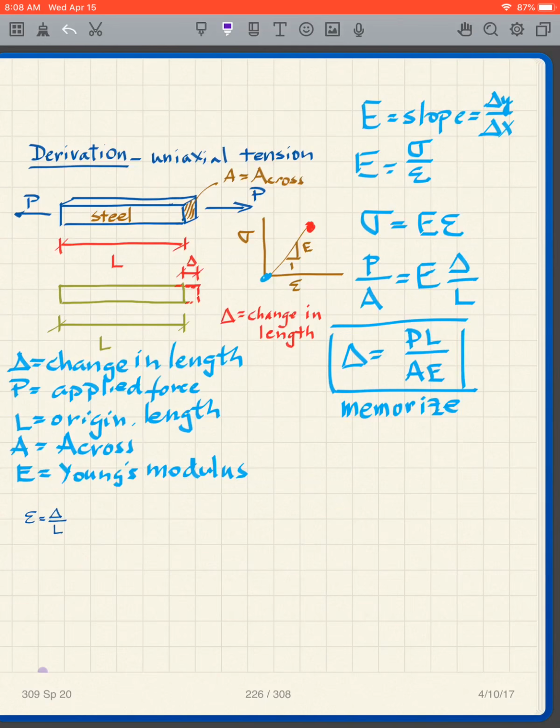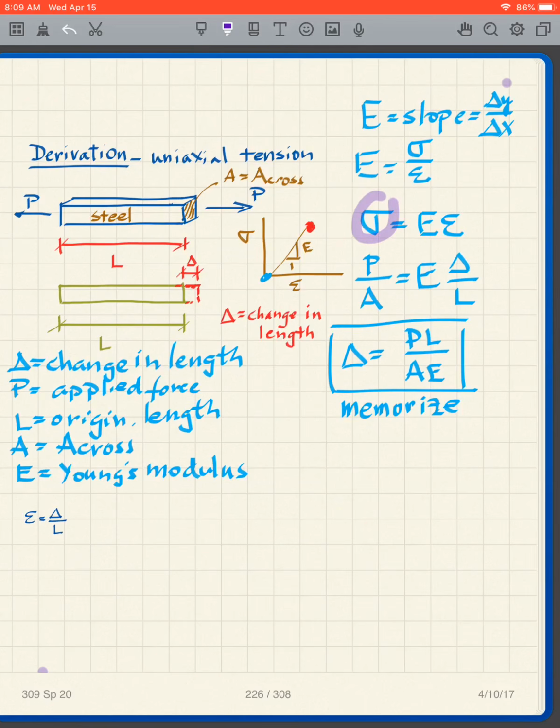And so what do we have? Starting again from the beginning, E is the slope, delta y over delta x. So E is sigma over epsilon. I manipulate this expression and I get sigma is equal to E times epsilon.